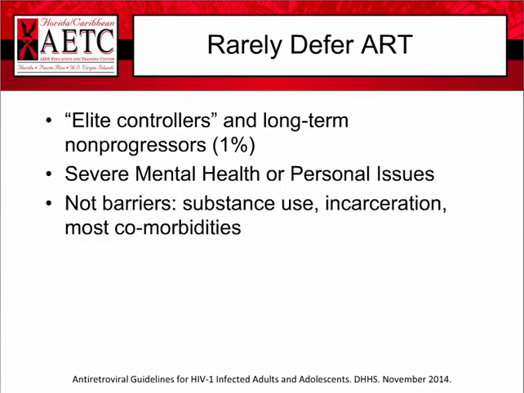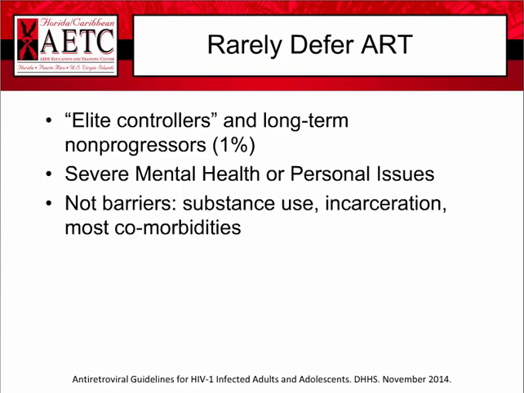The next category would be someone with severe mental health issues or personal issues, but arguably we should be proactive with those subsets of populations to overcome those barriers and to get them into care. Not barriers to care, there are studies that demonstrate that folks engaging in intermittent intravenous drug use still can be adherent to ART, certainly an argument to get those folks into care and counseling.